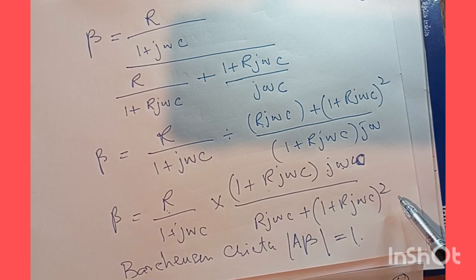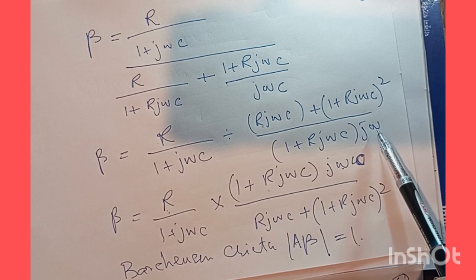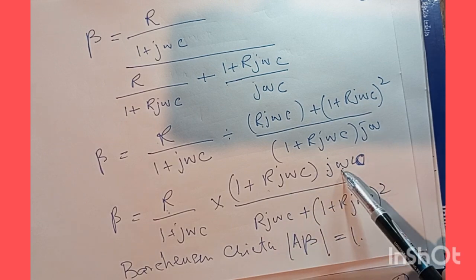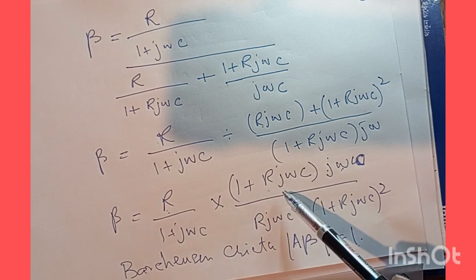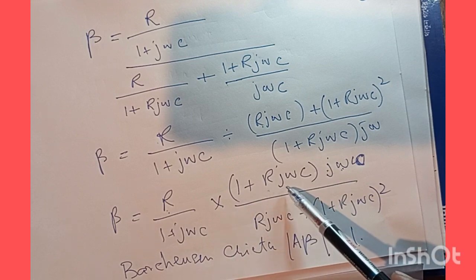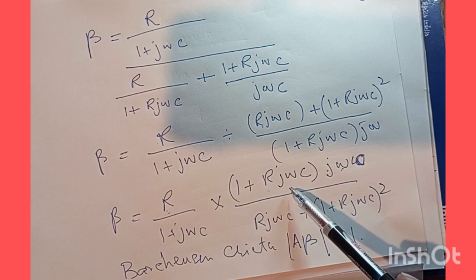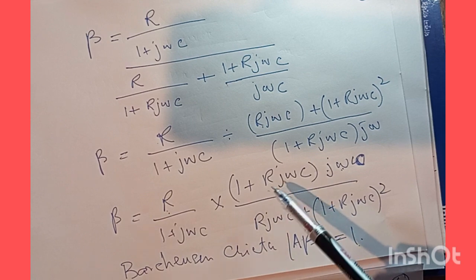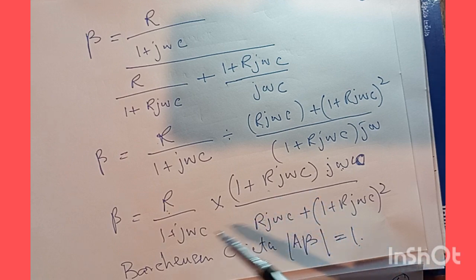And this has to go up. So this is J omega 1 plus R J omega C. This is 1 plus R J omega C.